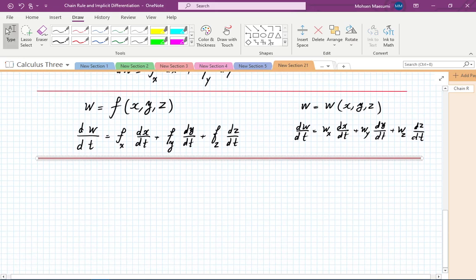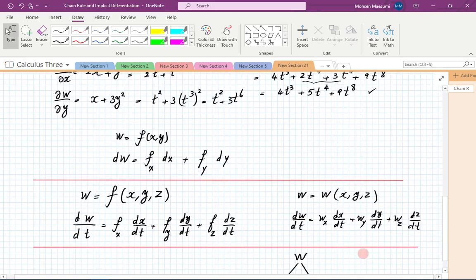Sometimes we have this variable w that depends on two variables x and y, and then in turn x and y themselves might depend on several variables.